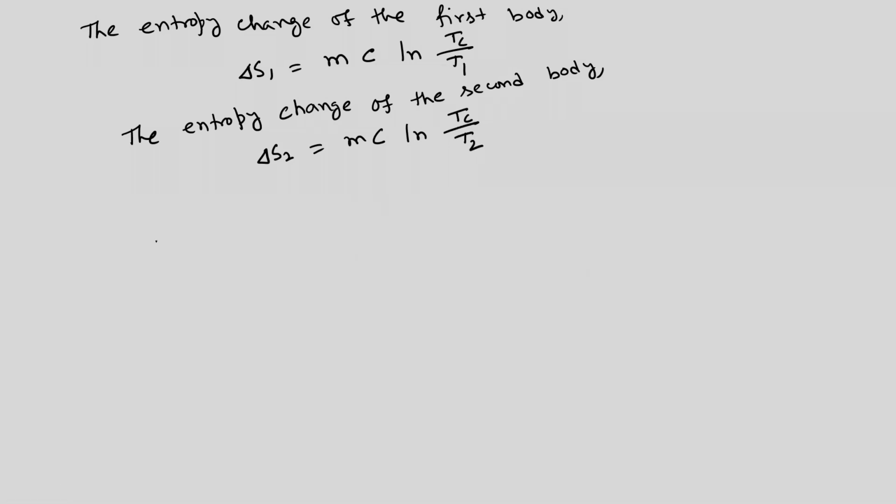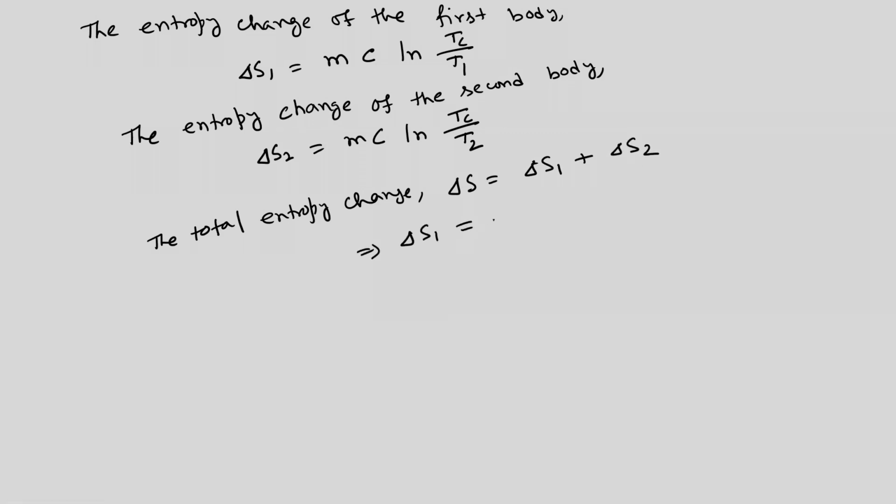Okay, so total entropy change, delta S, is delta S1 plus delta S2. So, we get delta S is mC ln (Tc by T1) plus mC ln (Tc by T2).